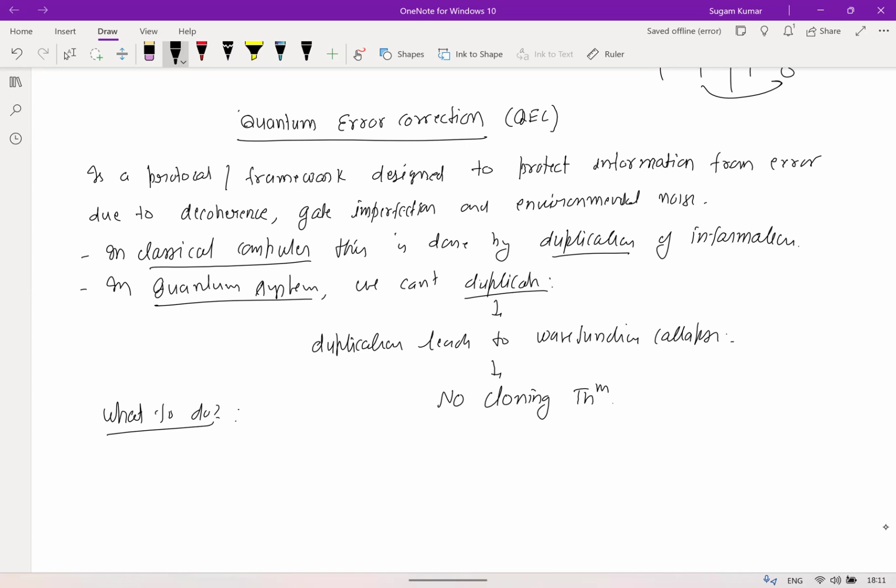In the quantum system there is a method called syndrome measurement. We'll try to understand it. For example, think about some therapies, the case of homeopathy, maybe Ayurvedic.